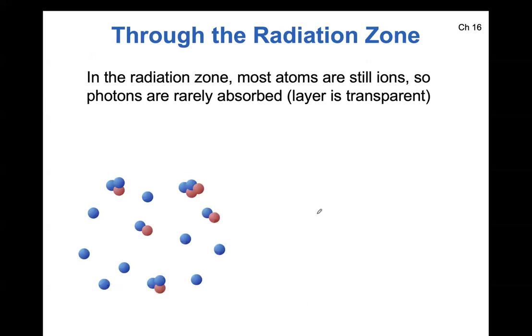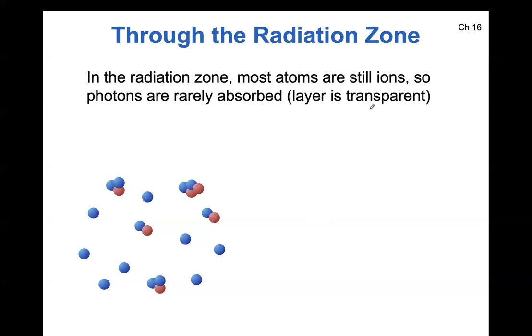In the radiation zone, most atoms are still ions, so it's still a form of almost metallic plasma because it's compacted into a solid. So the photons are rarely absorbed. The layer is transparent.